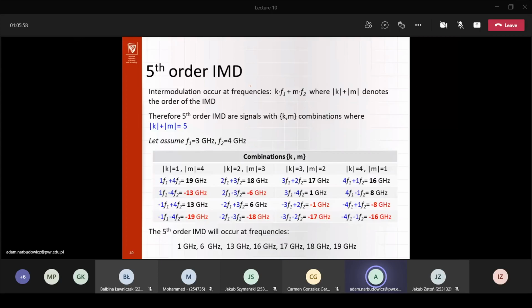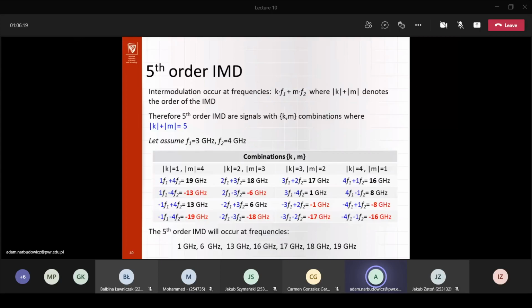In the case of third order intermodulation, we would have 1 times f1 plus or minus 2 times f2, so 1 plus 2 is 3. And those will be all the combinations.